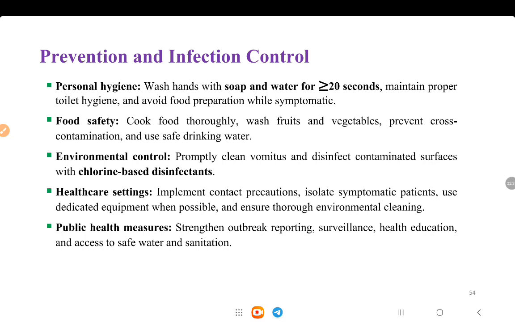Public health measures, related to the Ministry of Health, strengthen outbreak reporting, surveillance, health education, and access to safe water and sanitation for the whole population.